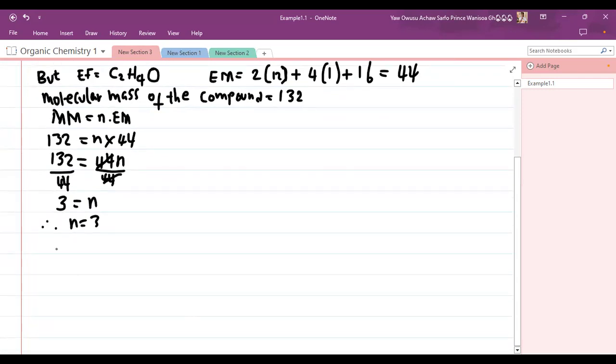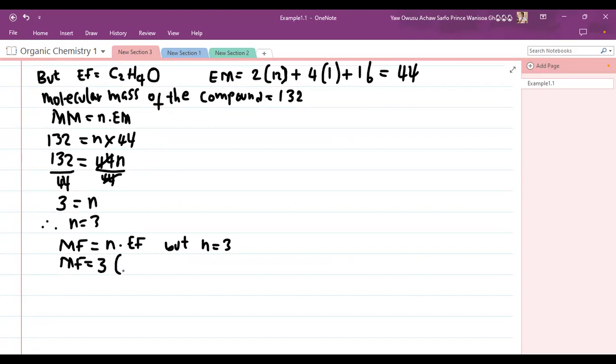And our molecular formula is equal to N times empirical formula, but N is equal to 3. So our molecular formula is equal to 3 times our empirical formula, which is C2H4O.